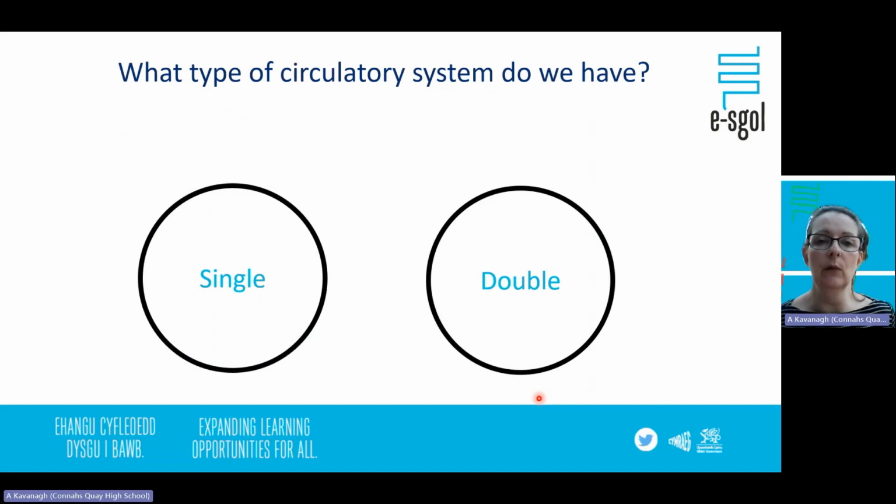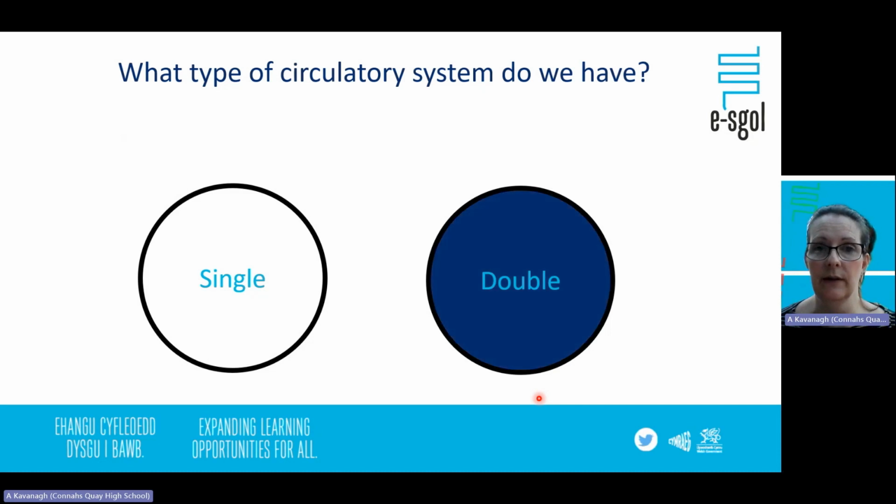Okay, so just some questions to finish off with, and obviously pause this at any time that you want to. What type of circulatory system do we have? Do we have a single circulatory system or a double circulatory system? And we have a double circulatory system.